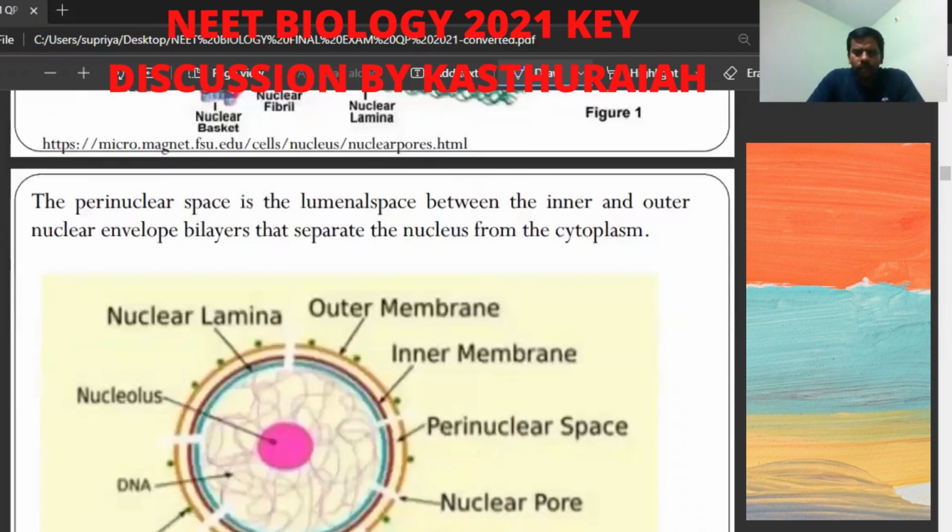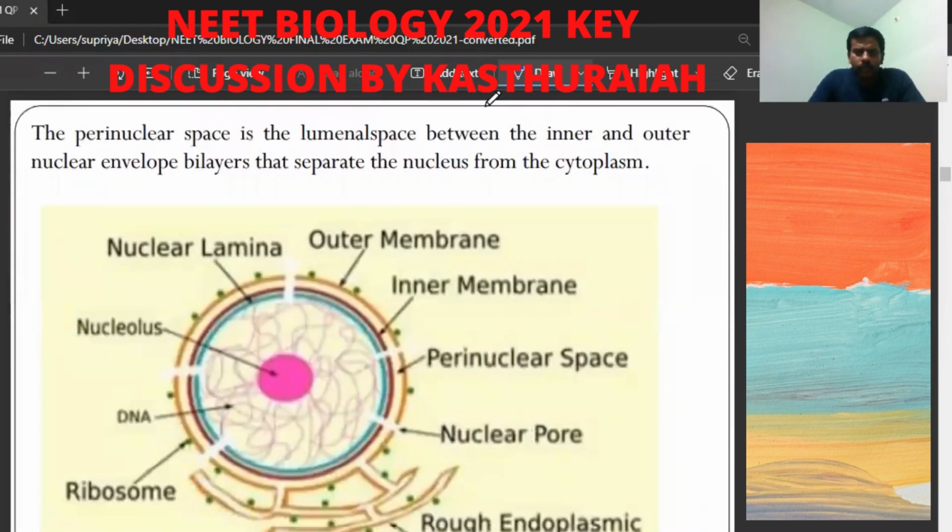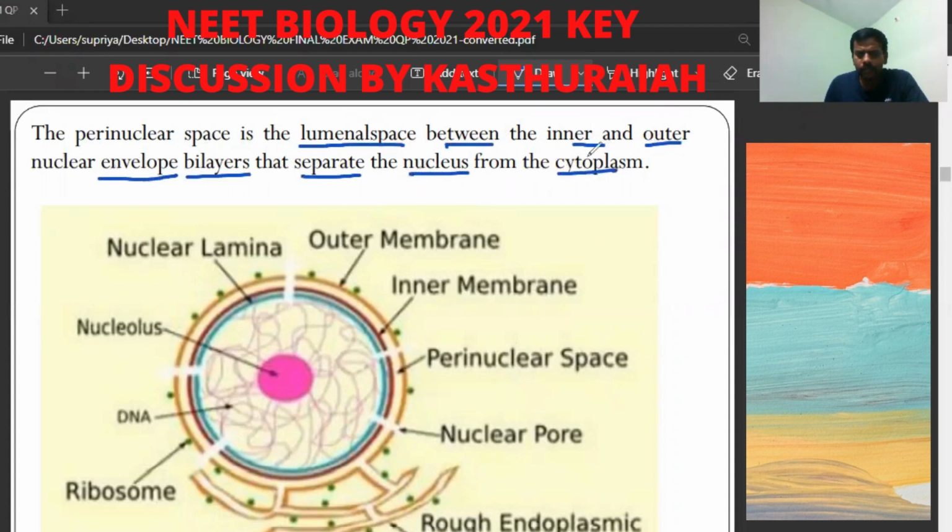Then you see, student, another thing, that is the perinuclear space. This perinuclear space is the luminal space between the inner and outer nuclear envelope bilayers that separate the nucleus from the cytoplasm. Now see here, this particular space, right?